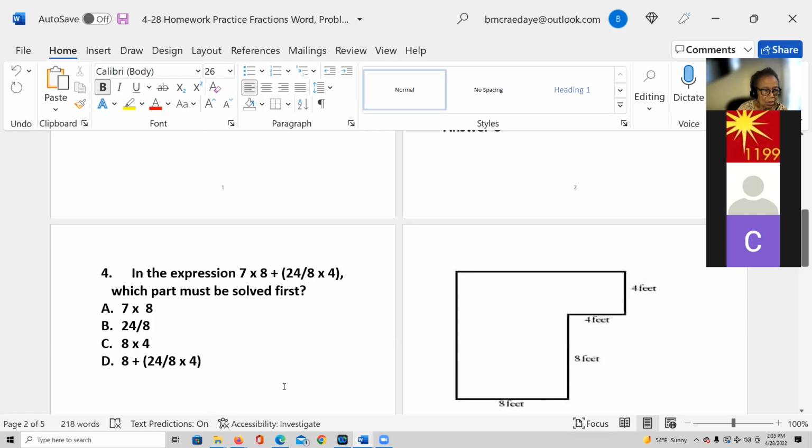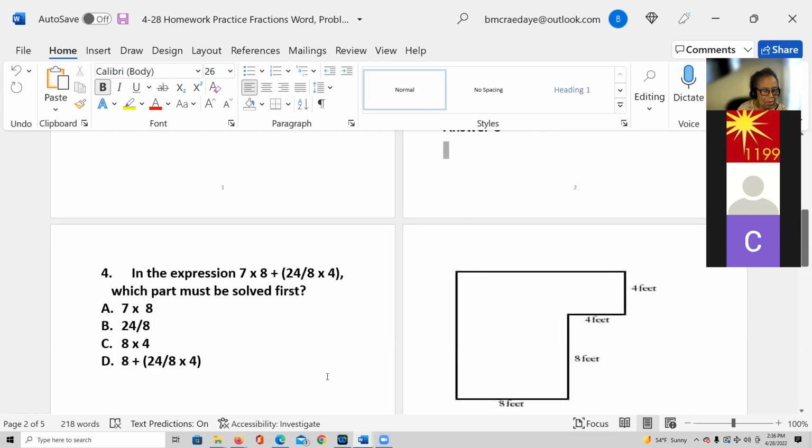Okay, so which of these choices must be solved first? Parentheses. Yeah, but you've got to tell me exactly what expression should be done first. It's in parentheses, but in parentheses, what do you see that should be done first? The multiplication.